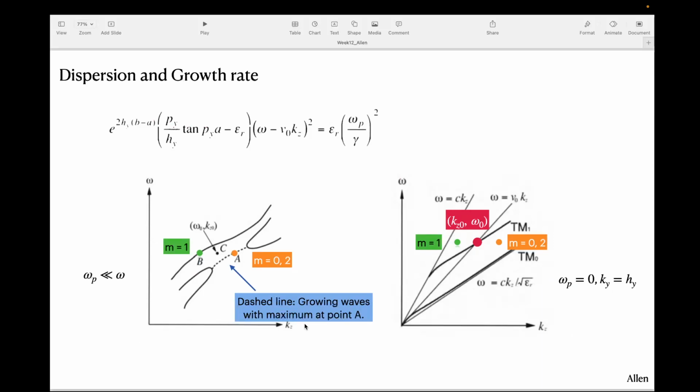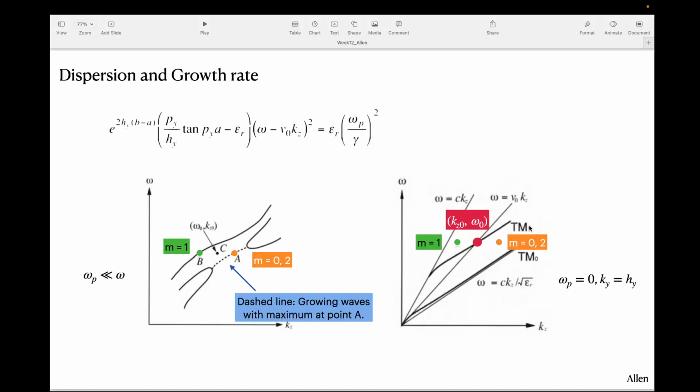So to further visualize this picture, at first we discussed the case here, and now we consider the actual picture of this. The growth rate corresponds to the dashed line, and we have a maximum at point A, which corresponds to m equals 0 and 2, and for m equals 1, it corresponds to the green dots here. So it actually borrows a picture where the plasma frequency equals 0.